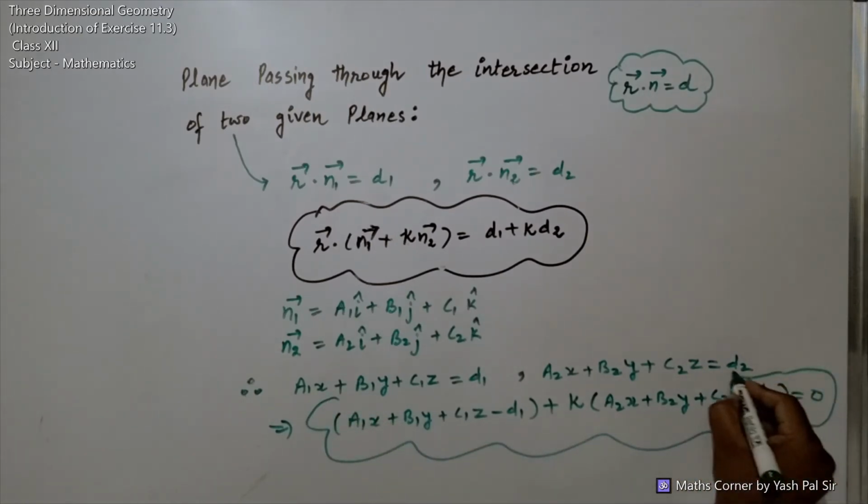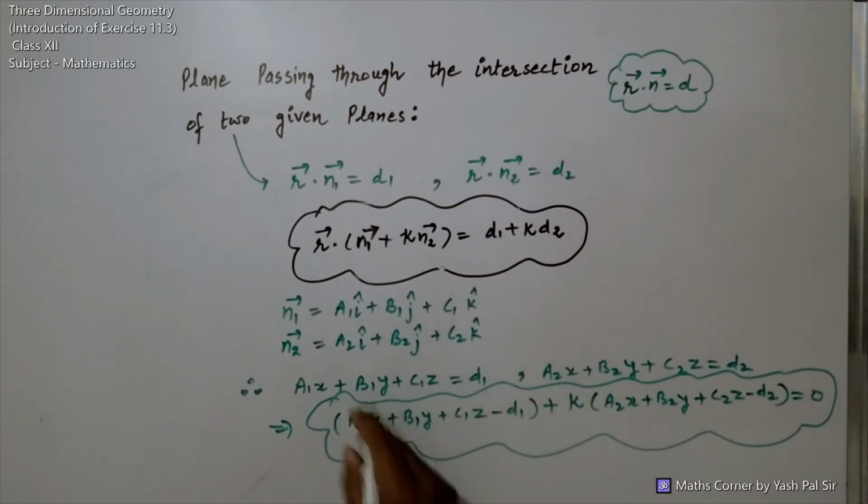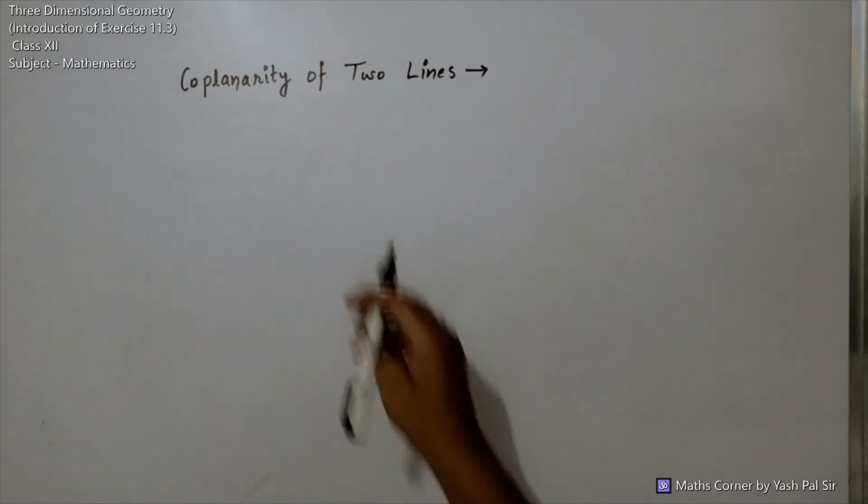So this is the Cartesian form of the third plane which passes through the two given planes.